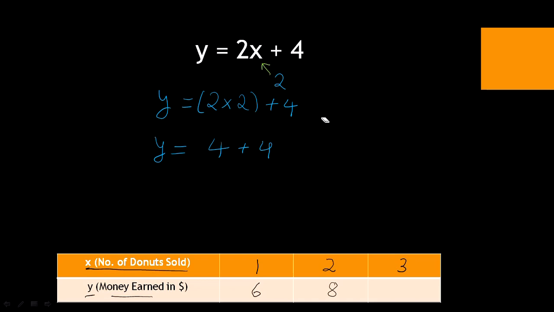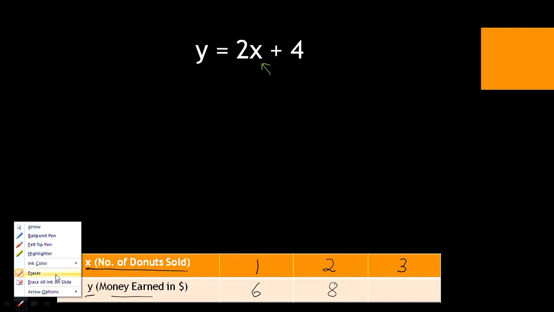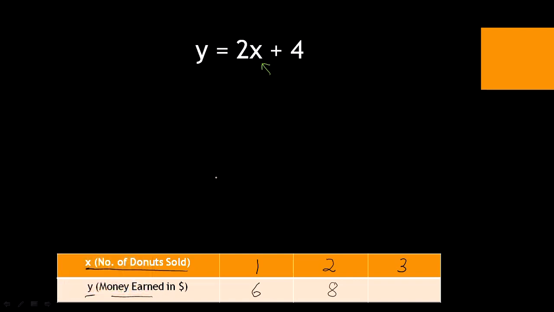Now let's do the same thing one last time for the third day. For the third day, Tommy has sold 3 donuts, and so our equation this time becomes 2 times 3 plus 4, and therefore y equals 2 times 3 is 6 plus 4, and 6 plus 4 is 10.